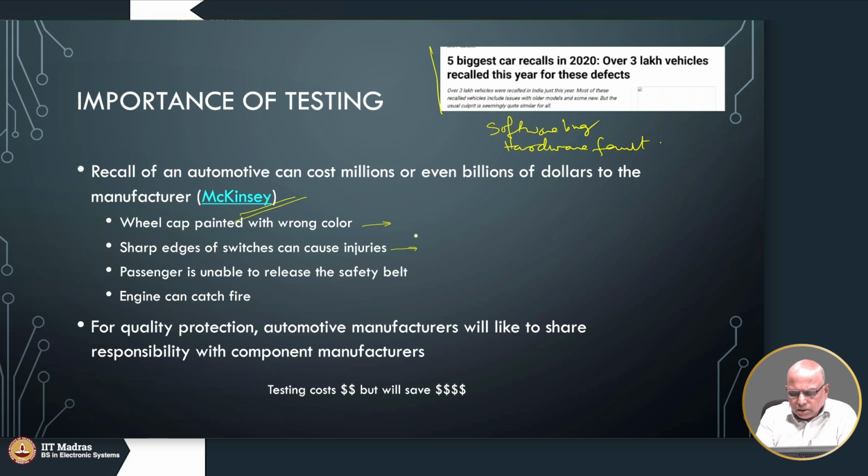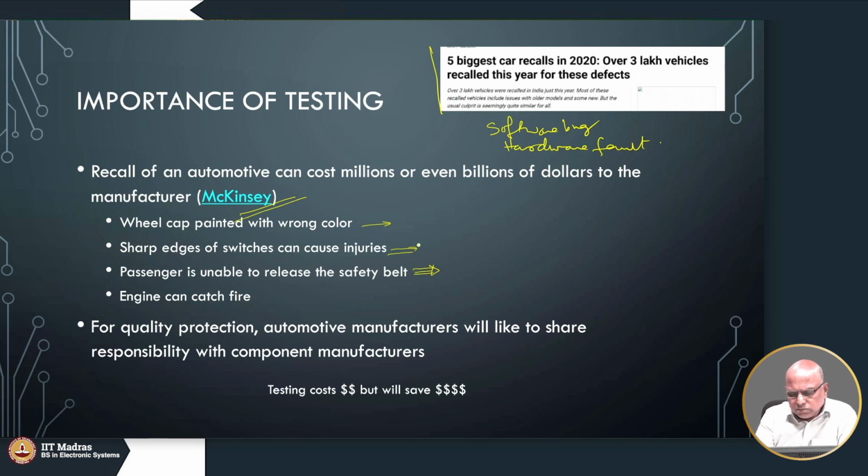Or maybe the switches have very sharp edges and some people are getting small injuries and they complain. So that also may cause a recall. This is more serious, right? In the event of an accident, the safety belt, we advise everybody to wear safety belts.